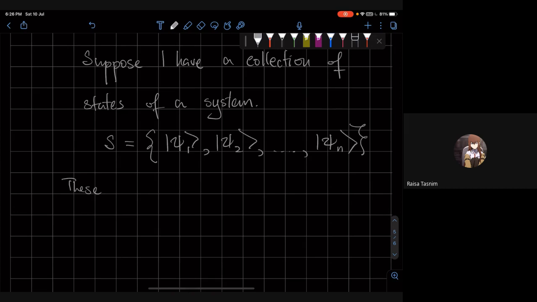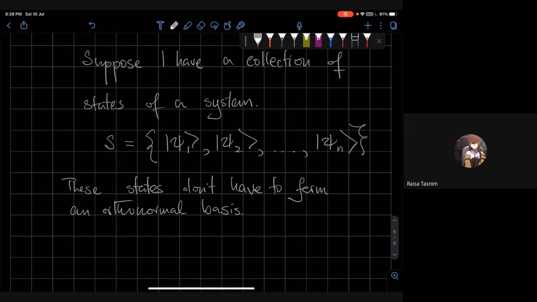Okay? Now, these states don't have to be an orthogonal basis. These states don't have to form an orthonormal basis. They can be anything. In fact, n can be bigger than the dimension of the Hilbert space, dimension of H. Okay?